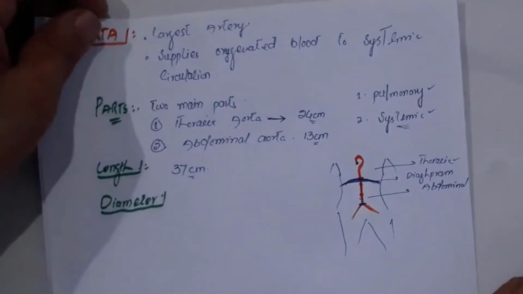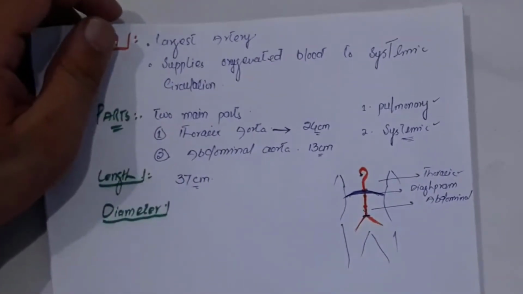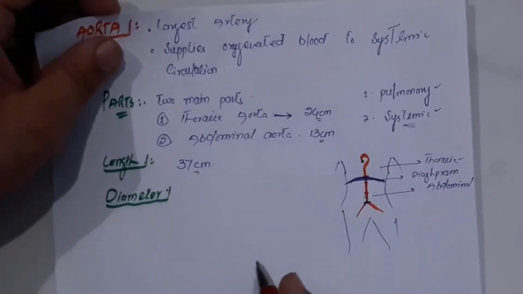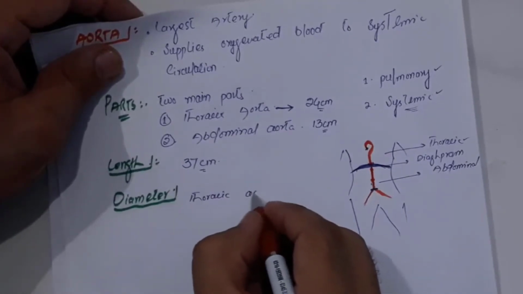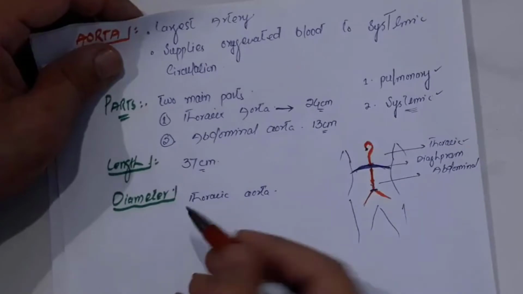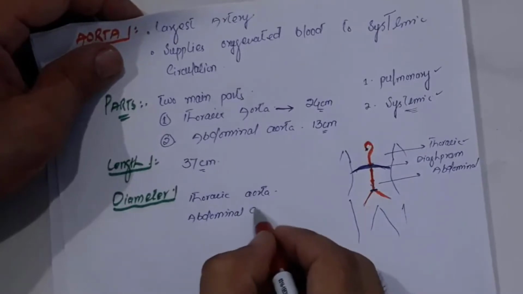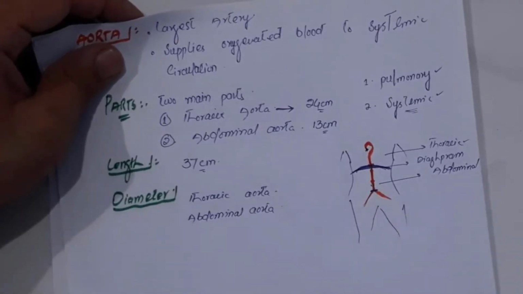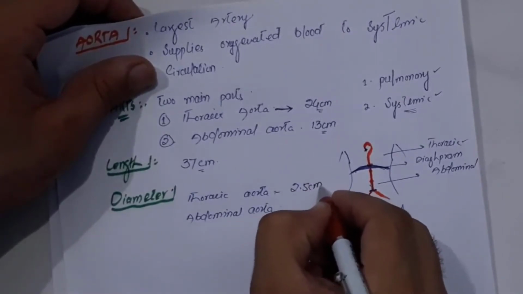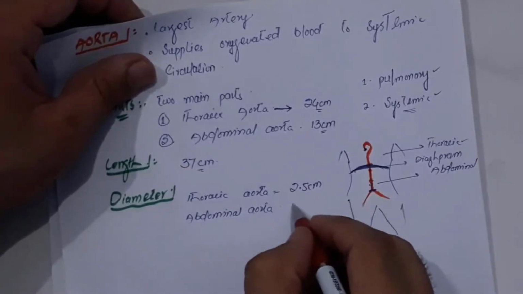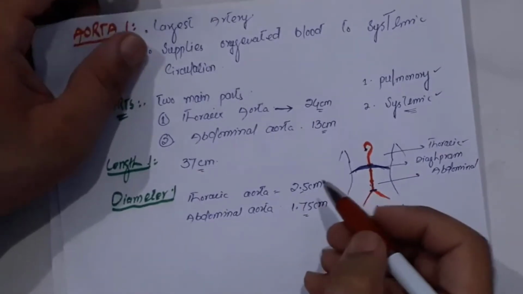As we have divided the aorta into two parts, we say the diameter of the thoracic aorta is about 2.5 centimeters and the diameter of the abdominal aorta is 1.75 centimeters.